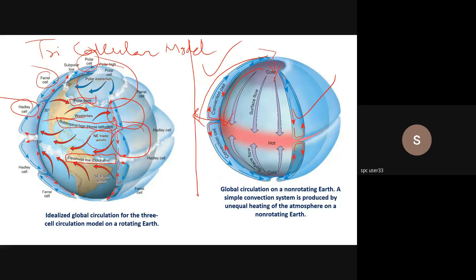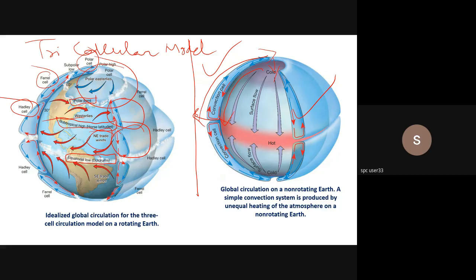Now, what are these three? These three are borders between the respective cells. Say for example, between the Hadley cell in the northern hemisphere and the Hadley cell in the southern hemisphere, you have the equatorial low, or what is called the doldrum. Why are they called so? We'll go into the details of that. Then the boundary between Hadley and Ferrel cell is the horse latitude.